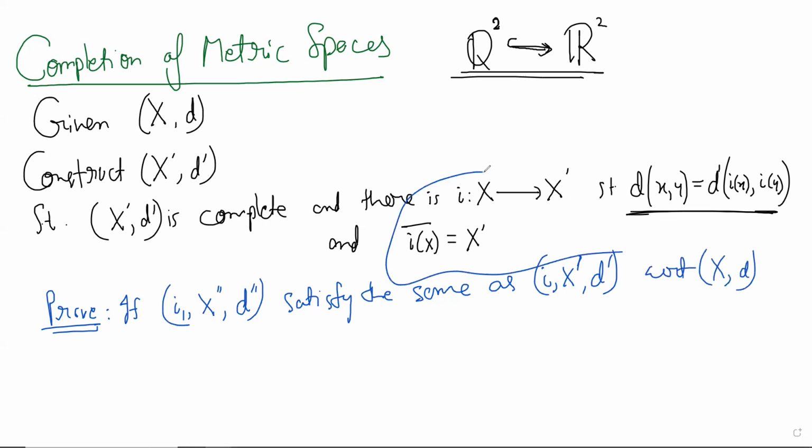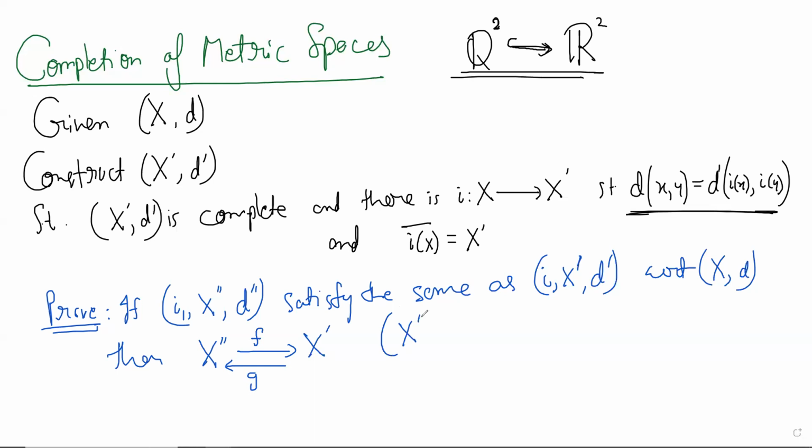If you replace I by I1, X prime by X double prime, and D by D double prime, then X double prime and X prime are homeomorphic, which means that you can construct a continuous function which is bijective, and its inverse is also continuous.